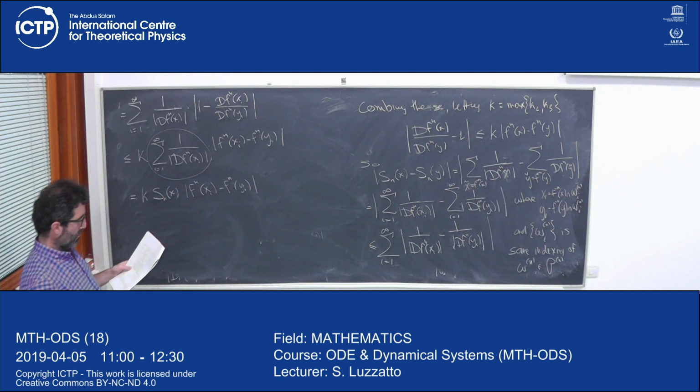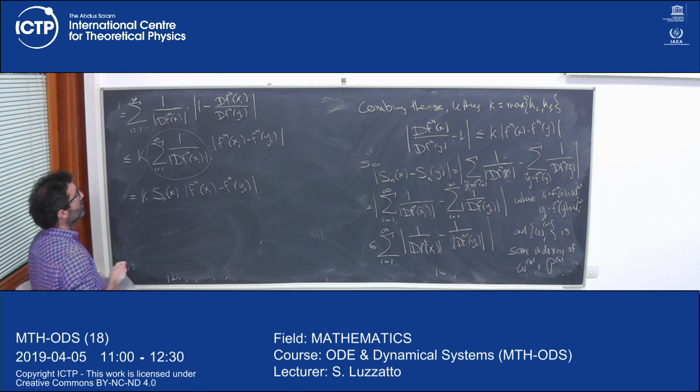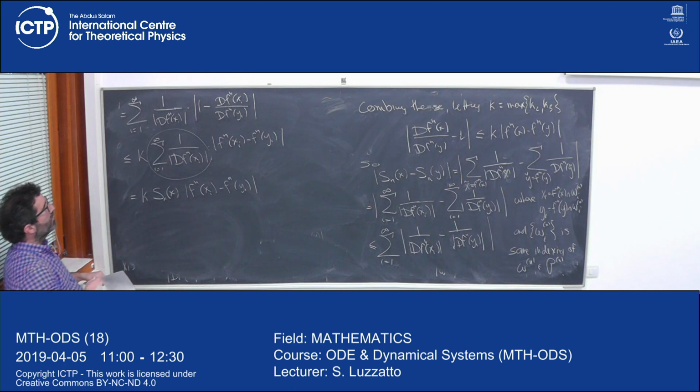Maybe we need to take the maximum or supremum of f^n of x_i minus f^n of y_i, because x_i is in omega_i in each branch, at different points. Sorry, say again. This f^n of x_i minus f^n of y_i belongs inside the sum, so we need to estimate this first.